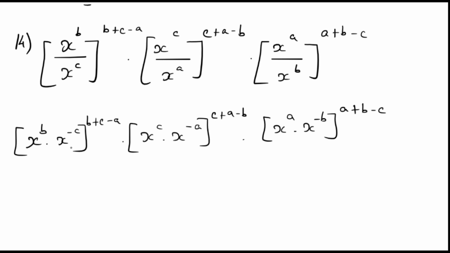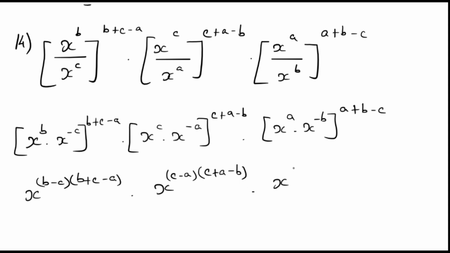Now, since the bases are same, the powers can be added. So this can be written as x to the power (b minus c) into (b plus c minus a). And this can be written as x to the power (c minus a) into (c plus a minus b). And this x to the power (a minus b) into (a plus b minus c).